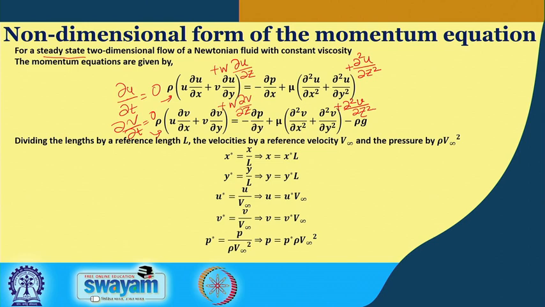Because of our assumption of independence with respect to the z direction, these two terms go to 0, and because we are assuming two dimensional velocity, w is 0. So, that is how we are reducing this whole 3D equation into 2D with the steady state assumption.